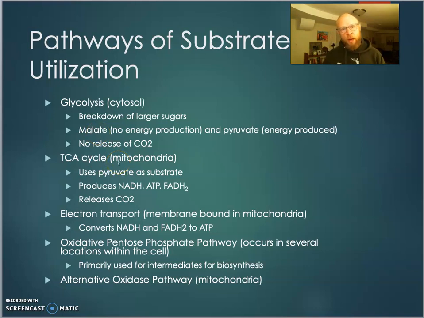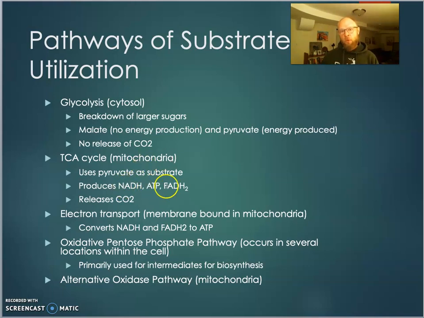Once malate or pyruvate are formed, those can enter the TCA cycle. Pyruvate is the most common form of simple sugar used, but malate can be used as well in the TCA cycle, which happens in the mitochondria, which in cell biology your instructor probably referred to as the powerhouse of the cell, because that's where the energy is produced.